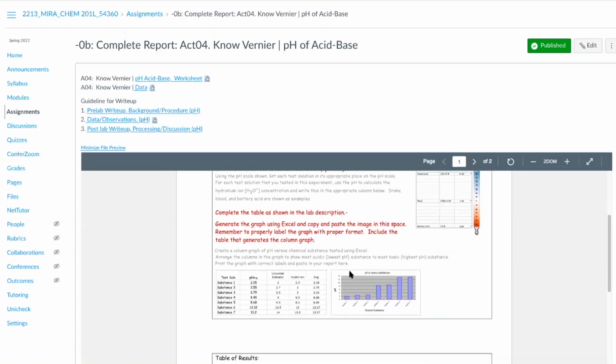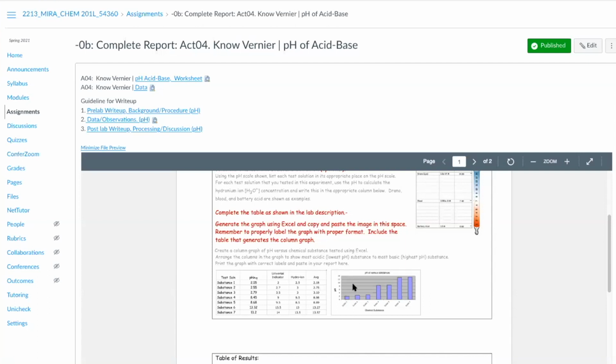And then you're going to create a table, just like we did in our last discussion. And then you're going to make a column chart. In this particular case, this is a simple column chart, and this shows just one pH value. But because we have 1, 2, 3, 4 columns here, or 4 sets of data points, you guys will see 4 columns for one test solution, just like we did in our Zoom session last time.